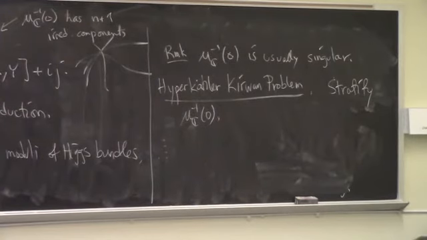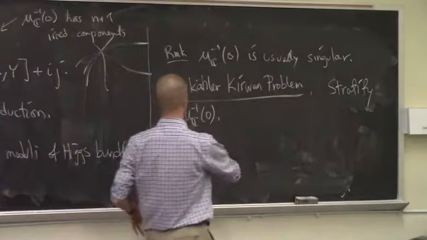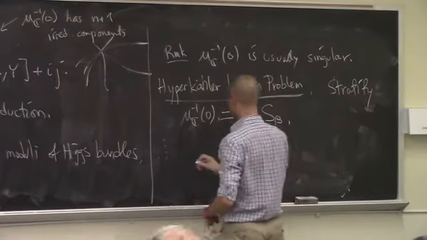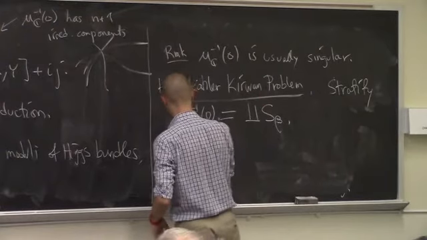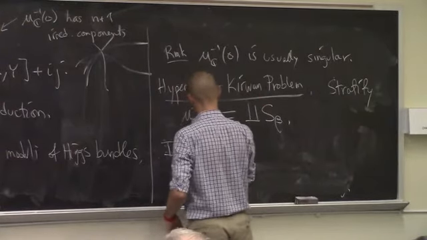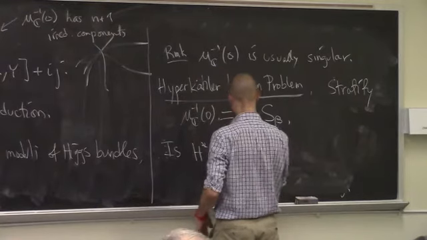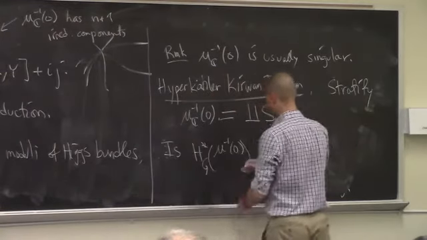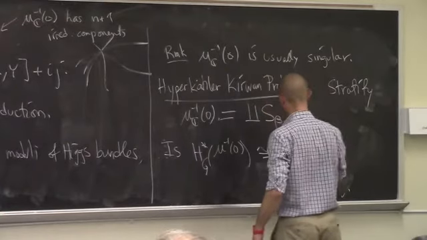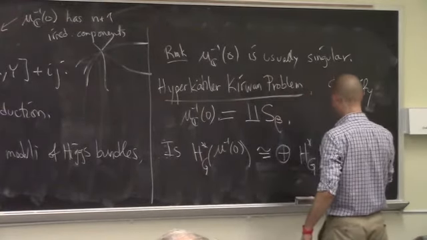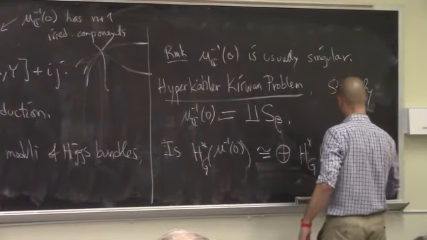Question now. Let me write it as a disjoint union of S_beta. Then the question is: is the equivariant cohomology of this space isomorphic to the direct sum of equivariant cohomologies of the pieces?